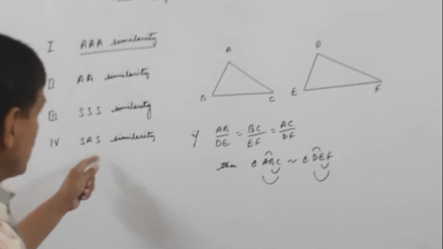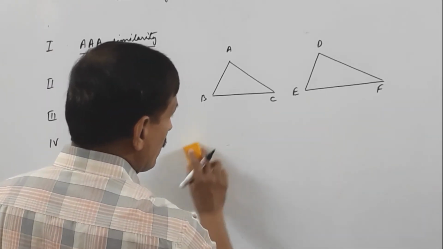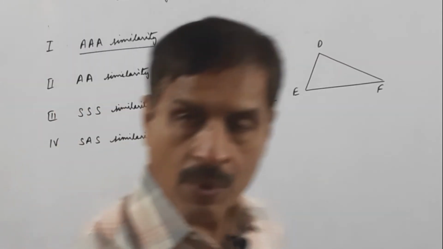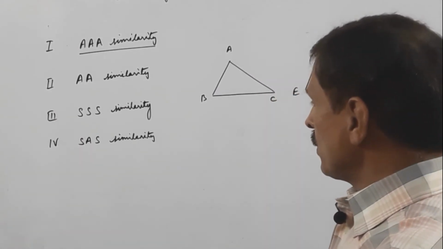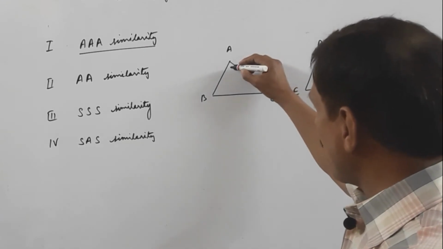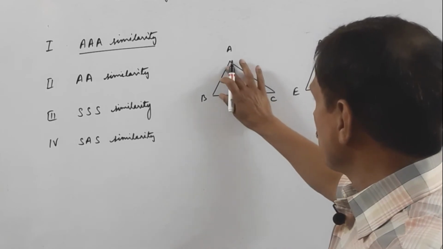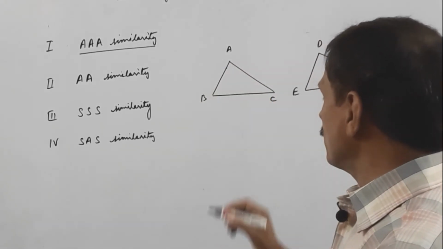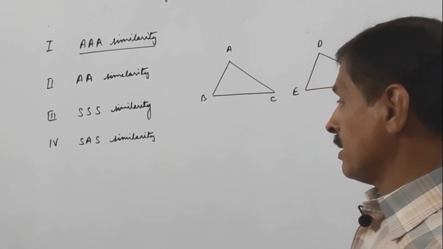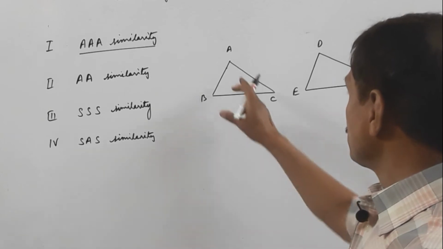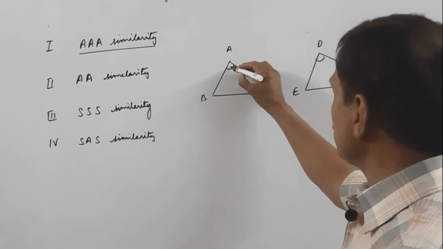In the next similarity, that is SAS similarity, if the two sides of one triangle are in the same ratio and the included angle of the two triangles are equal. For example, suppose this angle A is equal to angle D. These angles are equal.